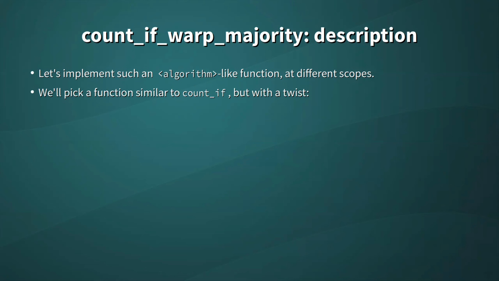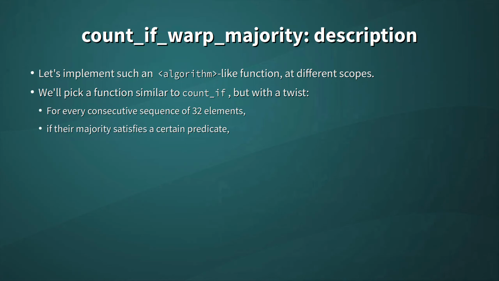So here's the semantics of the function I want to implement. We're going to look at a sequence of elements, rather a pointer and a length. And for every 32 of these elements, I want to look at whether or not each of them satisfies a certain predicate, whether a certain function evaluates to true or false.